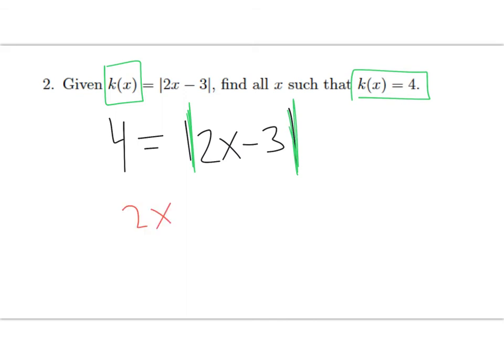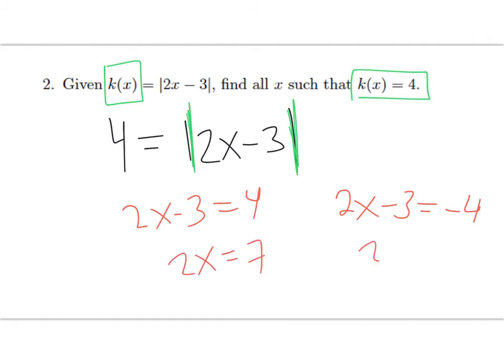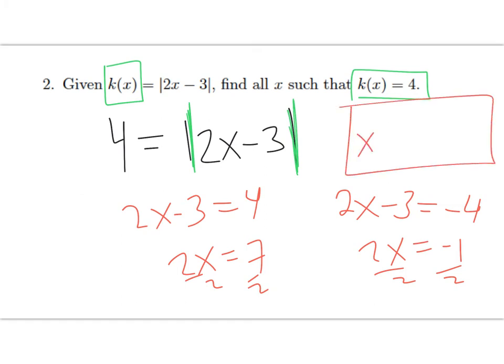We'll peel off the absolute value bars and set it equal to 4, as well as the opposite of 4. Add 3. Add 3. Divide by 2. Divide by 2. Answers: x equals 7 halves and negative 1/2.